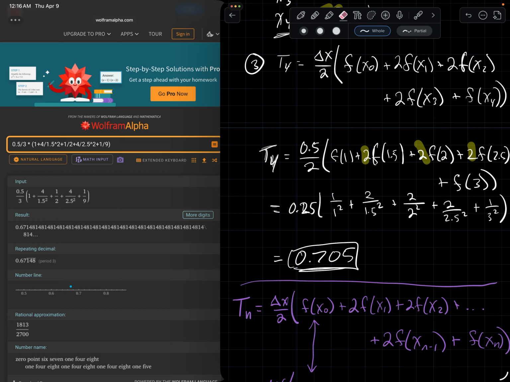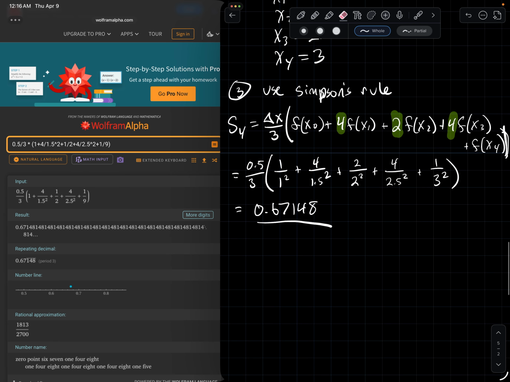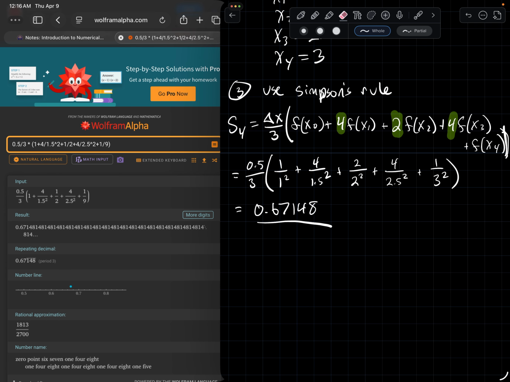It's only off by 0.03 basically. But if you scroll down here, Simpson's rule with the same number of intervals is 0.67. So that is even closer, very close to the right answer with only 4 subdivisions. So Simpson's rule is very good.